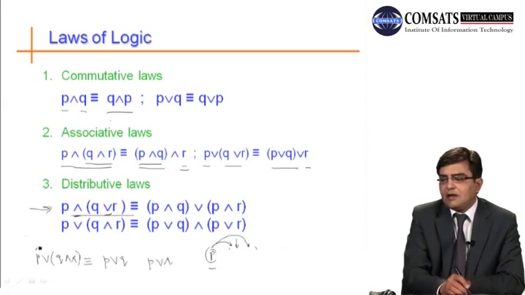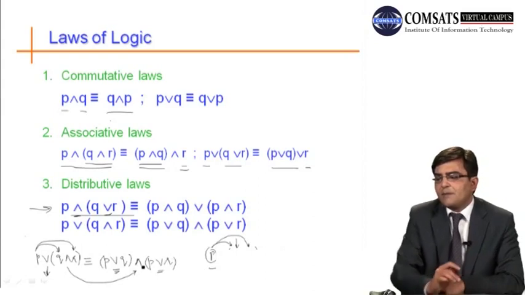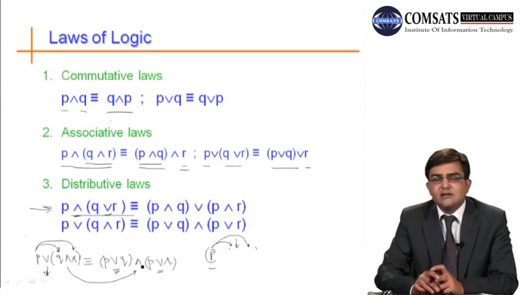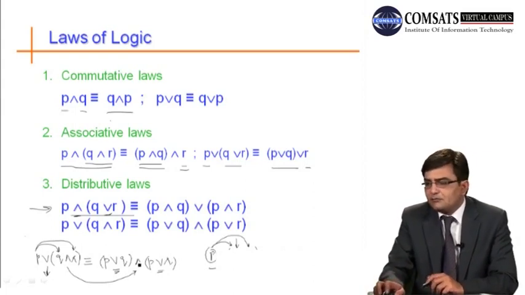Here we write P or Q and P or R, and the operator AND comes between these two compound propositions. So this is how we can memorize these distributive laws.